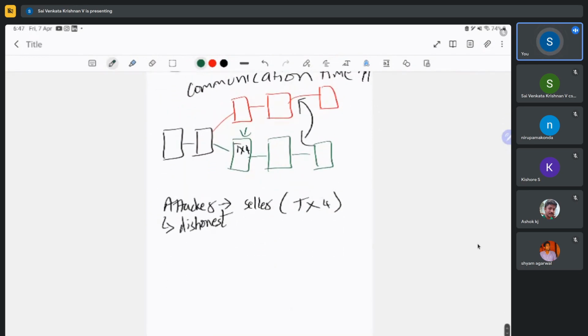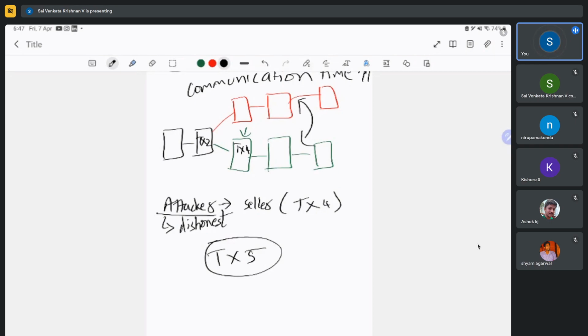Now the attacker wants to double spend it: this transaction 4 is using the output of transaction 2, and the attacker wants to add a new transaction 5, where he just spends that output to his own account, redirecting the bitcoins.